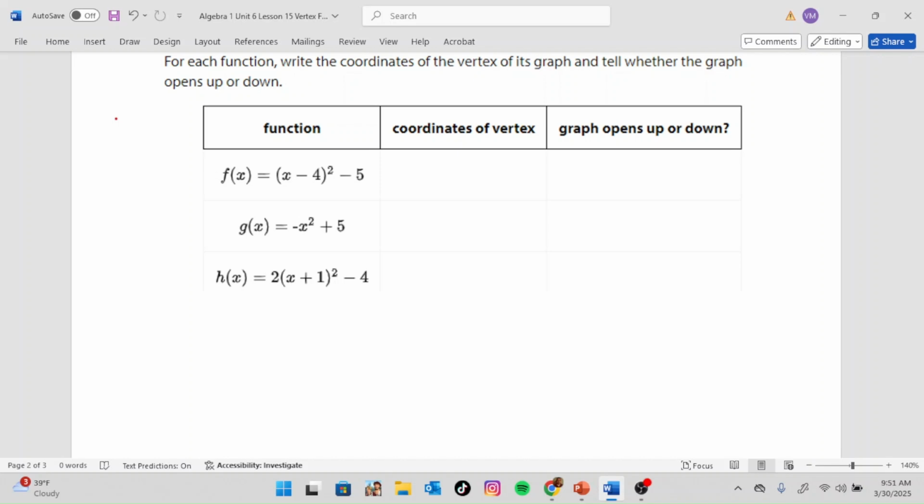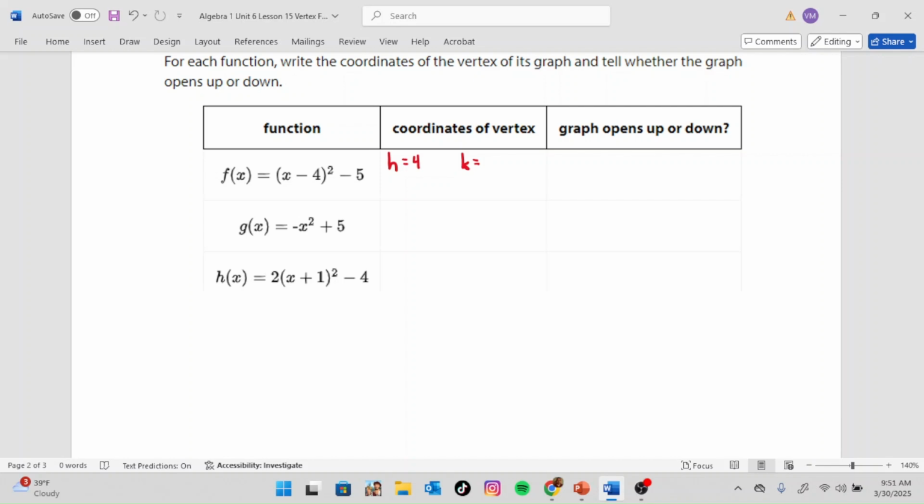So as we look at function f, if I want the coordinates, then I want h and I want k. It's x minus h, so h equals 4.